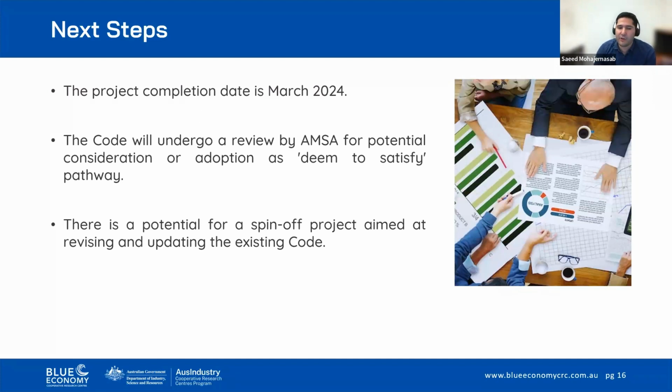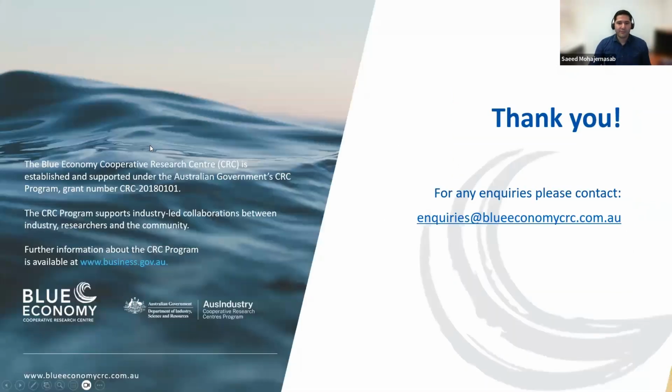Depending on the outcome of that review, there might be a need for spin-off projects to revise and update the existing code. So the ultimate goal is to create a comprehensive guideline for use by authorities, industries, and all the stakeholders at different stages. Thank you very much.